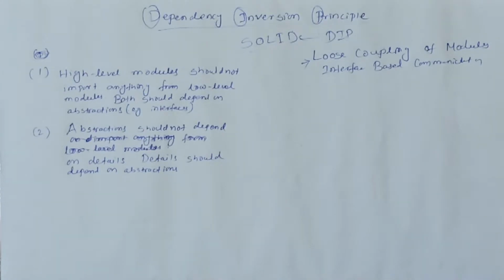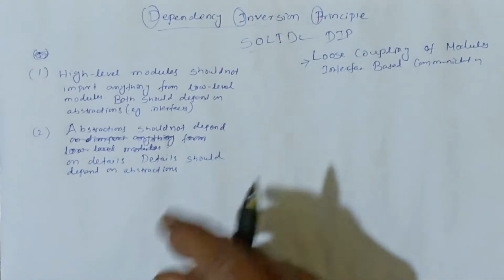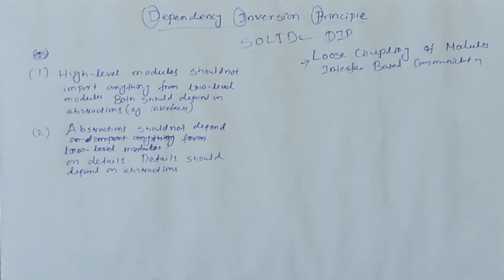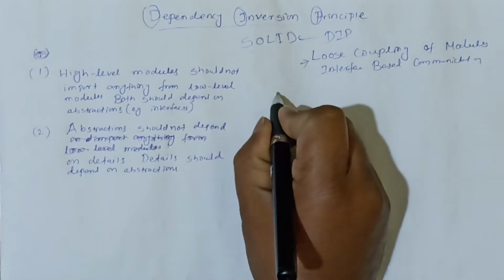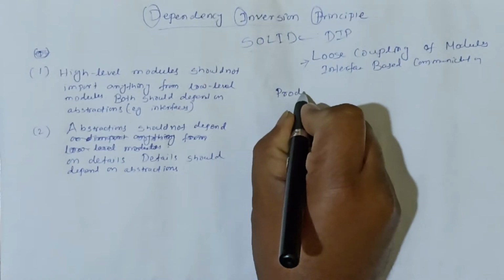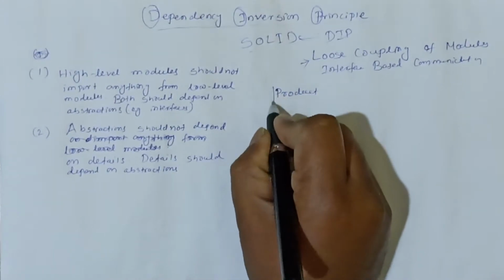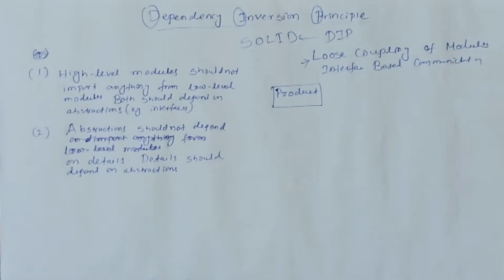Let's take an example. Generally, we have seen that in any e-commerce application, there is a product listing screen where, on search of something, we see the list of items. So we can say we have a product module. Also, inside the product module, there are banners which show some different type of UI.